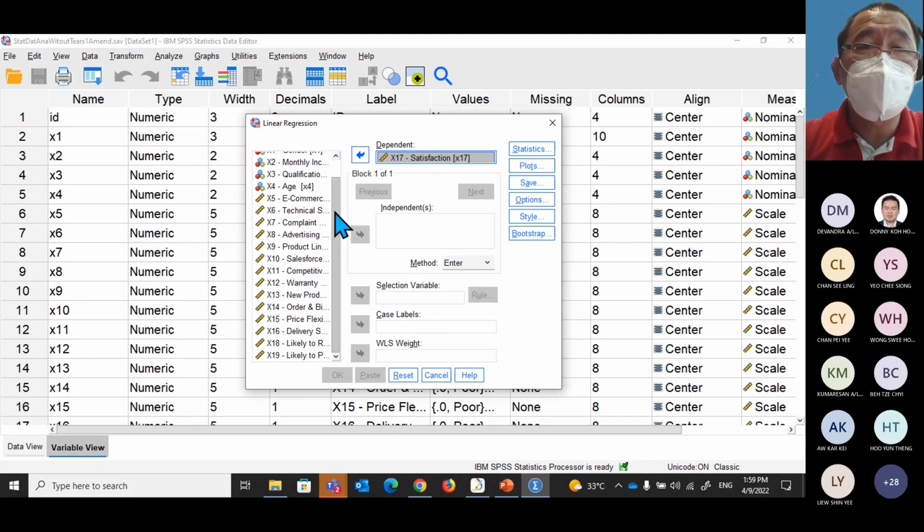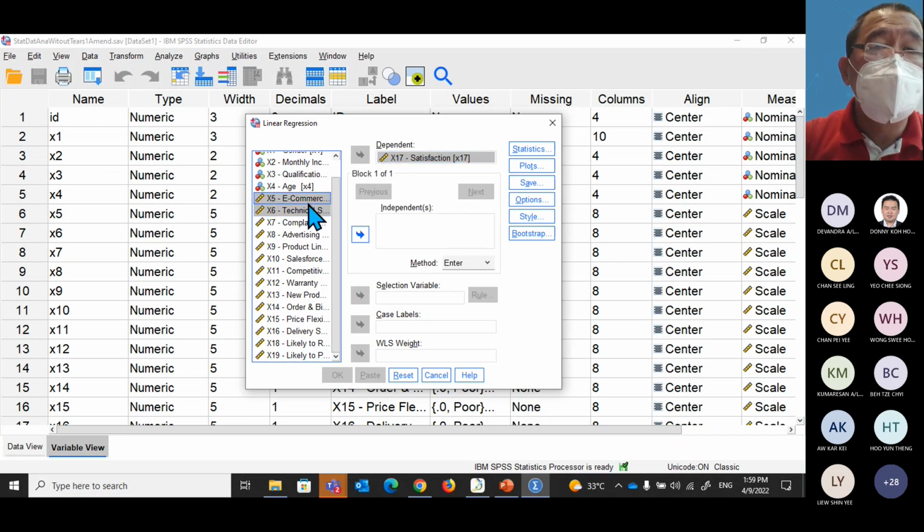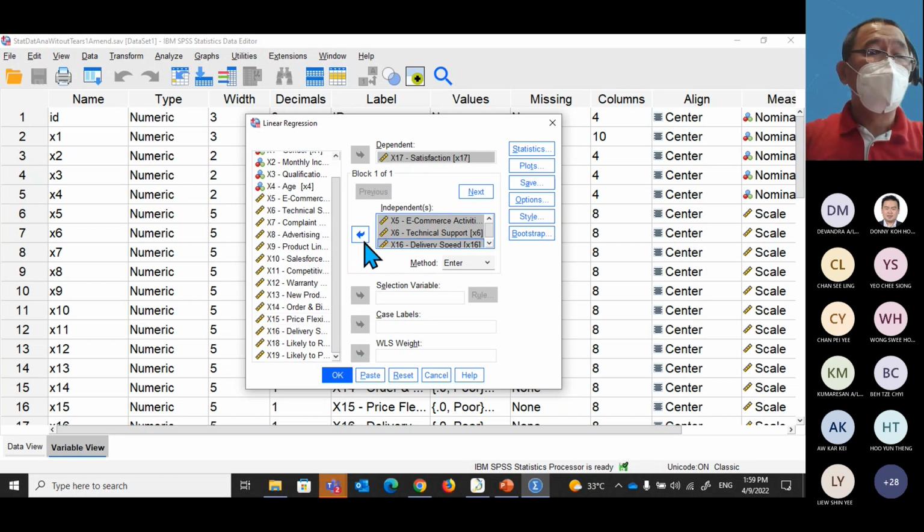Yeah, the x17. Then let's say we take 3, 5, 6, 16. That means we have 3 independent variables. Any question?